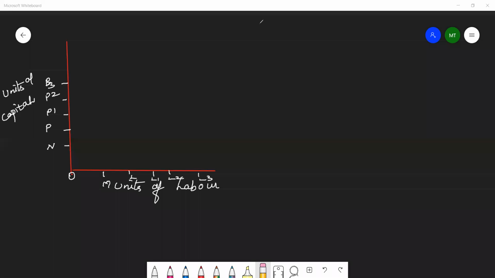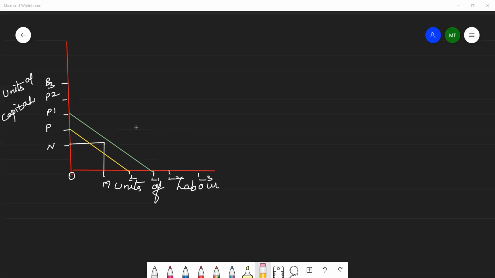Now we draw the lines. First the M line, next M to N. Then P to L. Next one is P1 to L1.